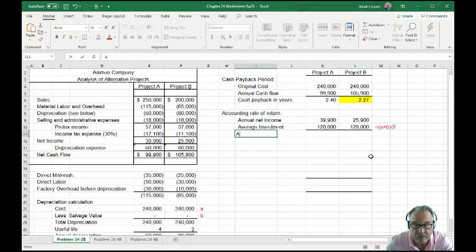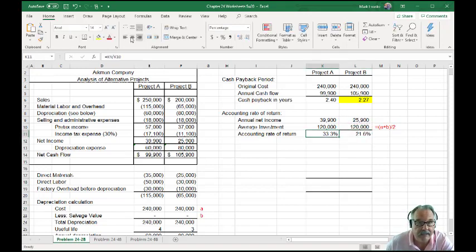So our accounting rate of return is going to be the net income divided by the average investment, which is 33% for project A and 21.6% for project B. So in this case, project A is better.